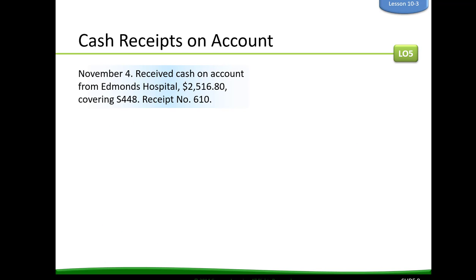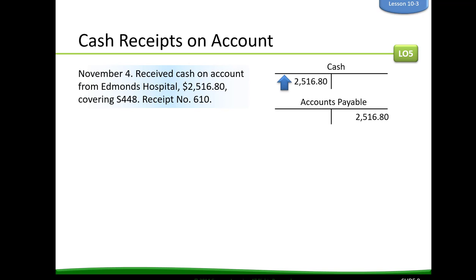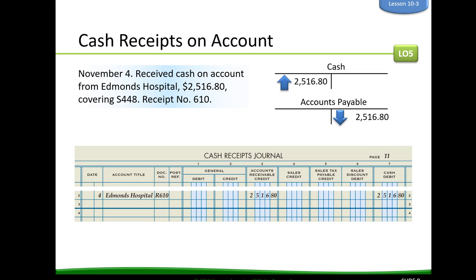And then this also is going to be where we record any money we receive when someone starts paying off their bill. So this is a cash received on account from Edmonds Hospital. The cash was $2,516.80. It is going to pay off his accounts receivable, so that's going to lower his accounts receivable.